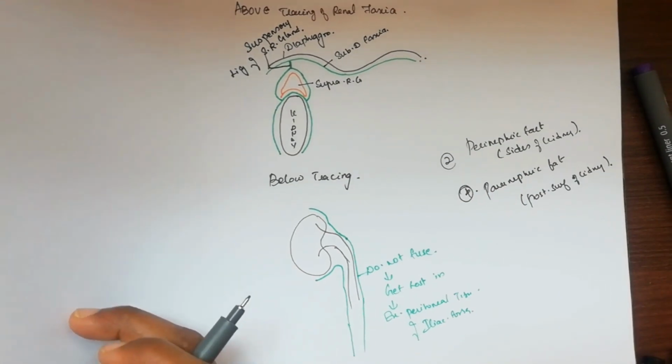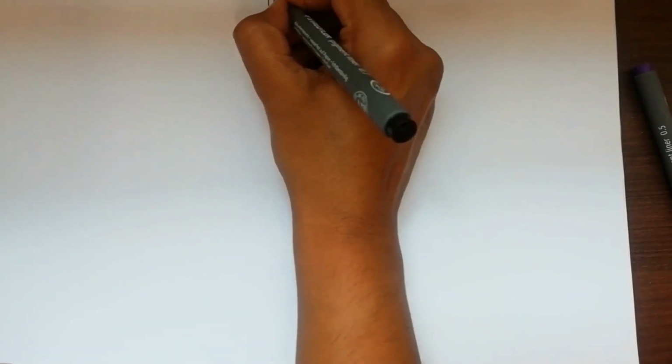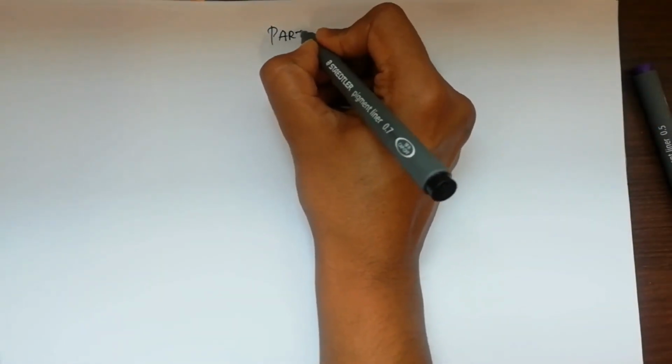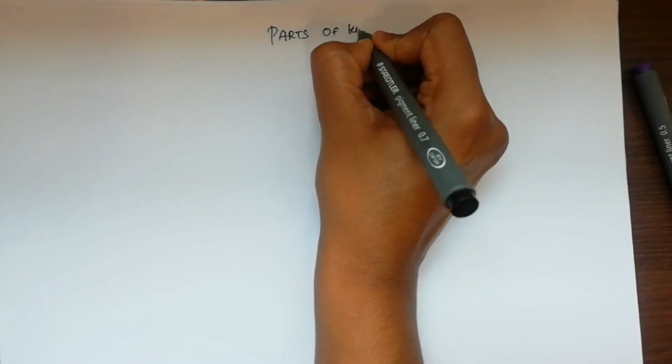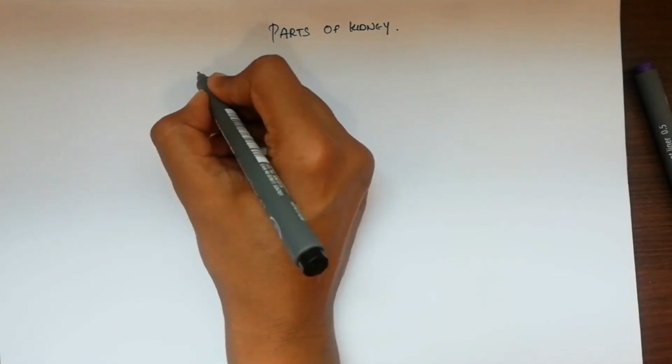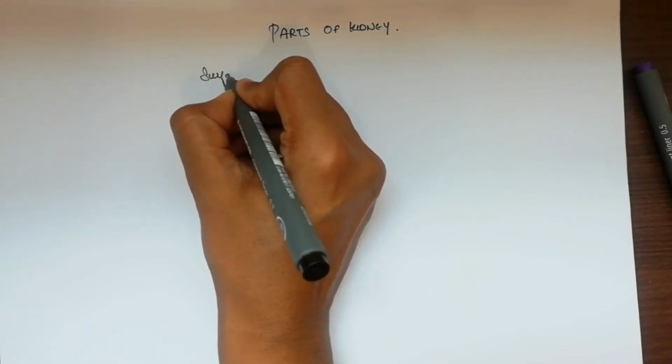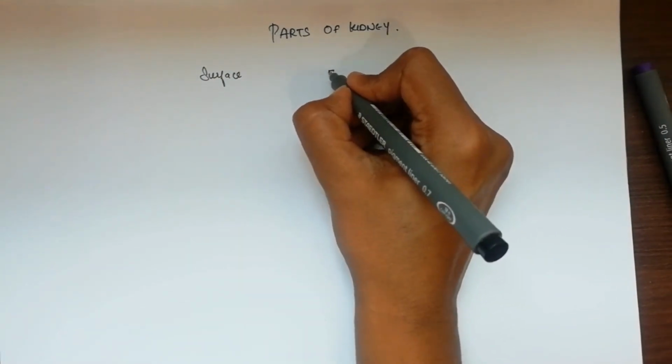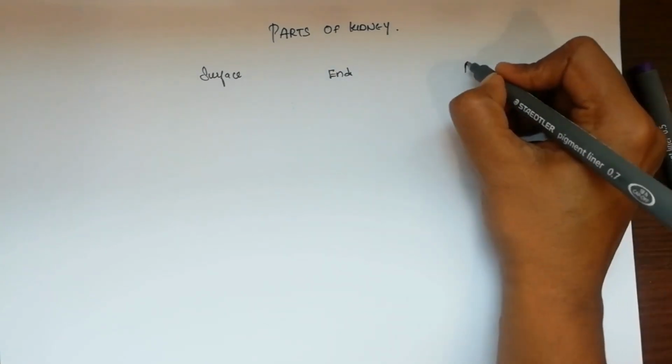Talking about parts, we have surfaces, ends and borders.